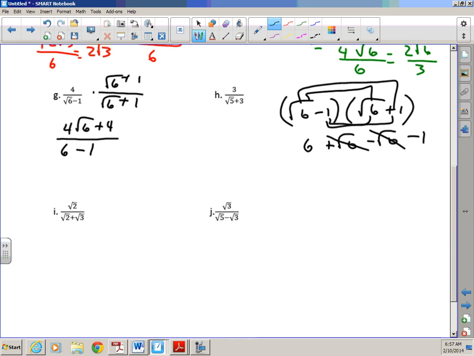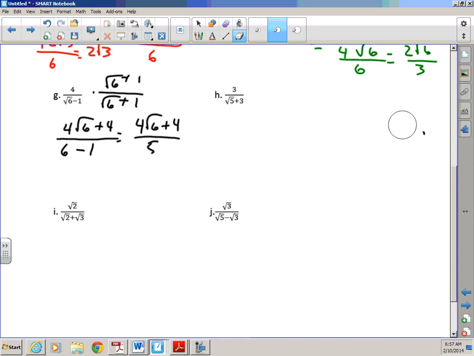Well, these two middle terms disappear. And so what you're really left with is the radical 6 times radical 6 and the 1 times negative 1. So I get 4 radical 6 plus 4 over 5.